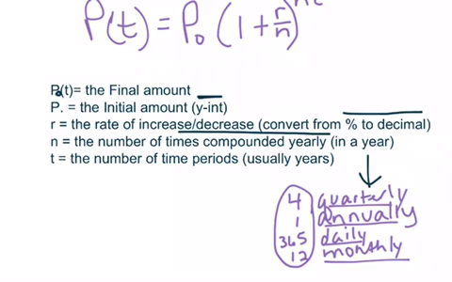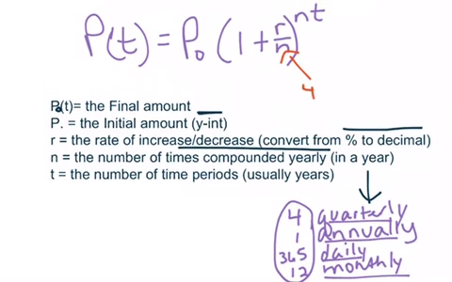And then T, again, is the number of time periods that your money is being put in that situation. So if you are compounding quarterly for 3 years, the N is going to become 4 because that's how many times during 1 year it's being calculated.